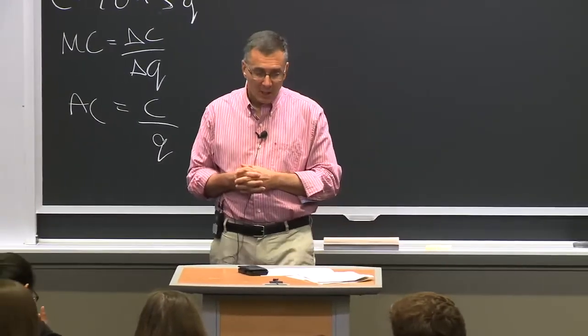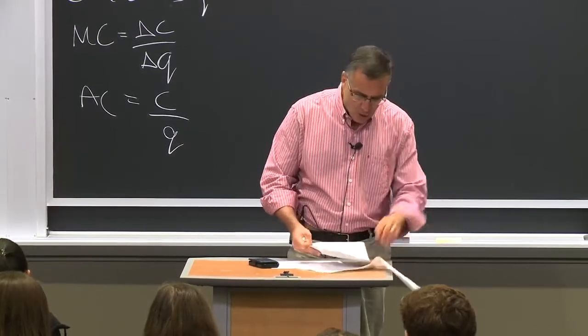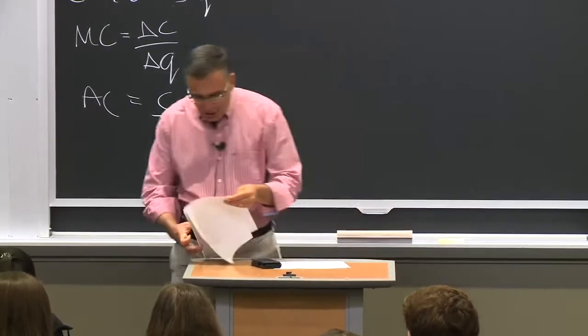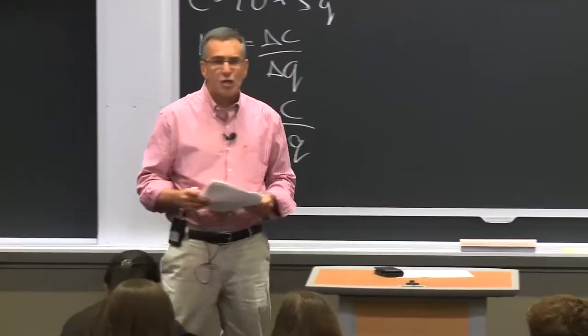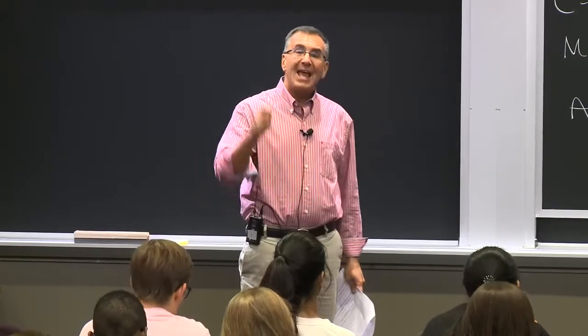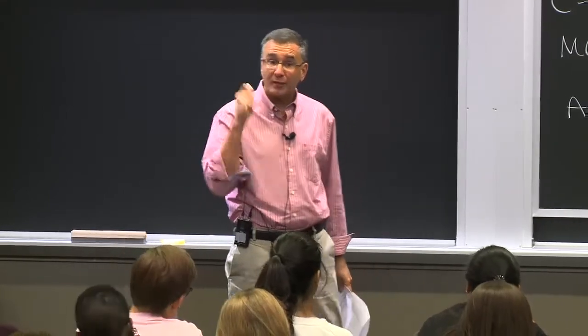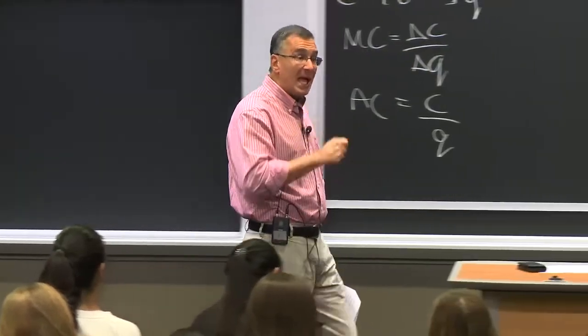Okay? Now, what we want to notice is that in the short run, there is a really close relationship. We want to notice the key relationship between marginal cost and the marginal product of labor, which we defined last time. Remember, the marginal product of labor was dQ/dL.